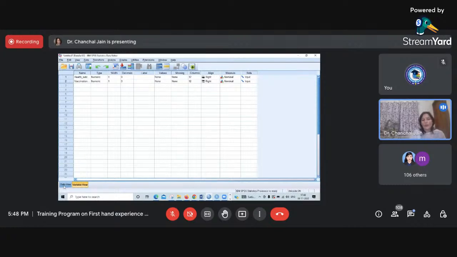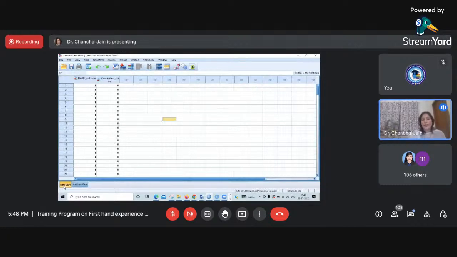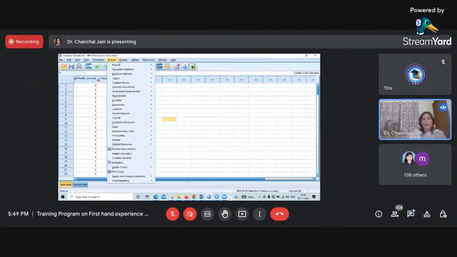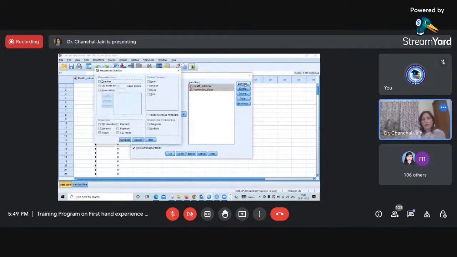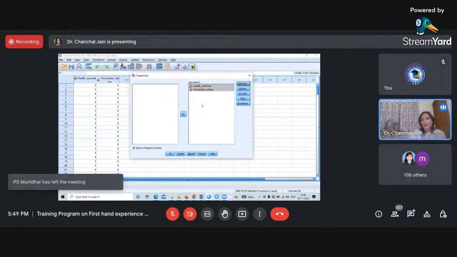I don't know how many zeros and ones there are, so I go to the Analyze menu, click on Descriptives and then Frequencies. I select both variables, shift them to the Variables box, and because I only want to calculate the frequency, I'm not clicking on anything else.